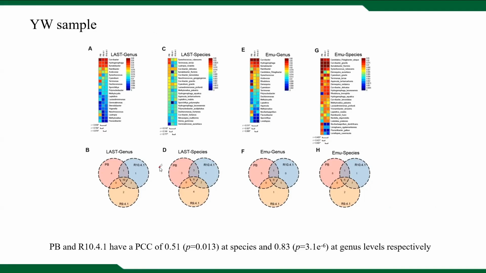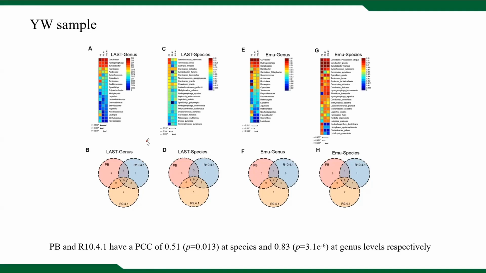For YW water samples, the average abundance of the top 15 species shared by PacBio and R10 is higher than that of PacBio and R9 at both species and genus levels. Comparing the number of top 15 common species in PacBio and R10, the LAST results were more accurate than emu, and the correlation between LAST and emu was not significant.